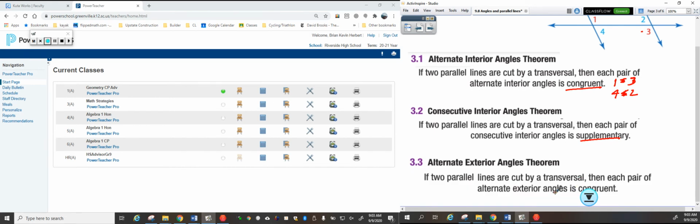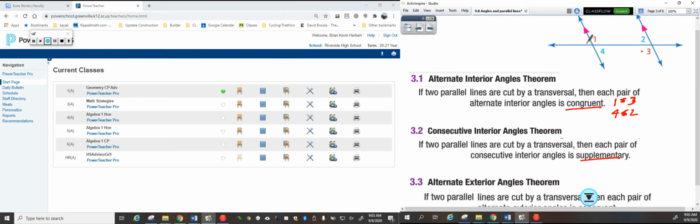Next, we have alternate exterior angles. So again, let's just go ahead and create my exterior angles. So 5, 6, 7, 8. These are my exterior angles. So the same thing happens. If they alternate the transversal and they're on the exterior of the parallel lines, these are alternate exterior angles.